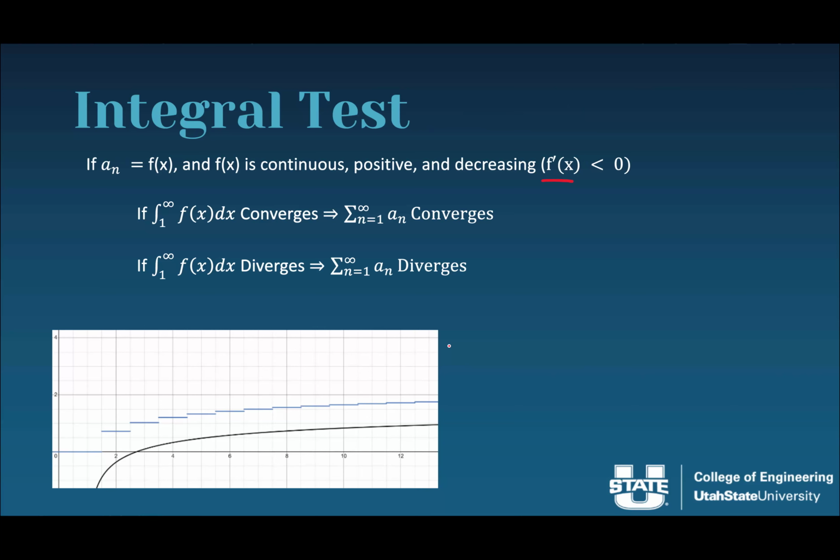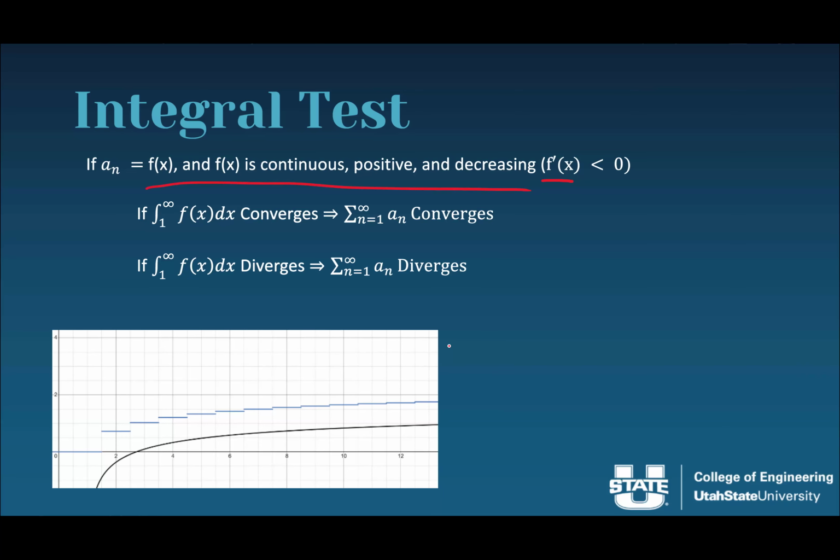If all 3 of those things are true, then we know that if the integral converges, the sum converges, and if the integral diverges, the sum diverges, right? Because we're basically saying the integral and the sum are doing the same thing, right?